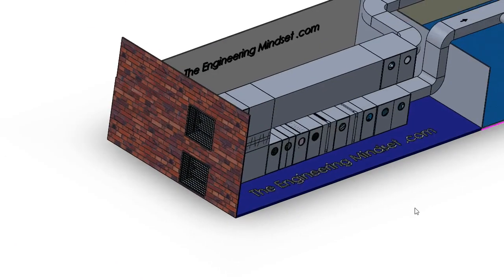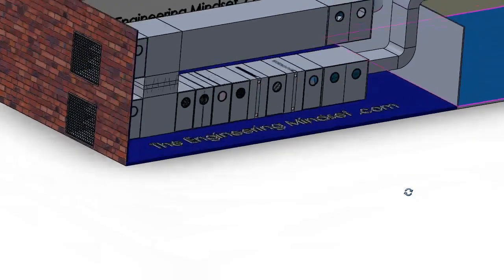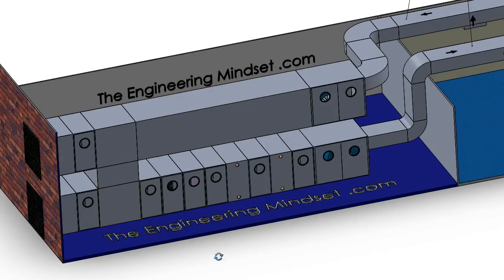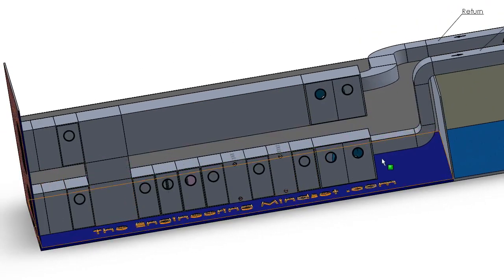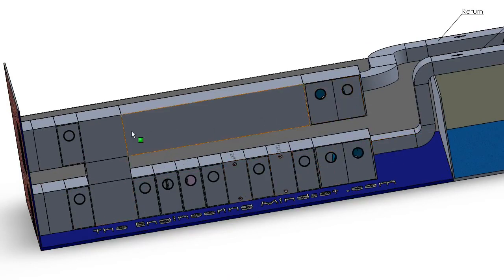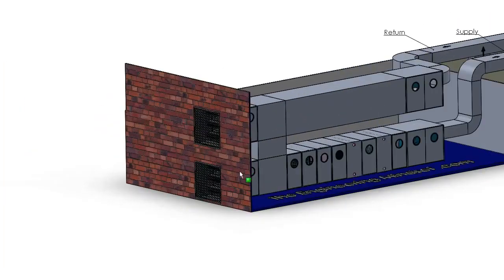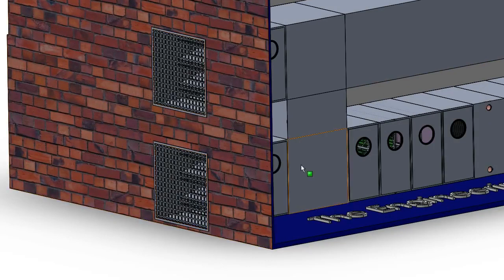So coming back to the model, you'll notice here that we've got the two ducts. We've got the one on the bottom here and the one on the top. This one is acting as the supply, and this one is acting as the return or discharge. So here fresh air is coming in and entering into the AHU, and in this one, all the dirty, warm used air is being pushed out and back into the atmosphere.